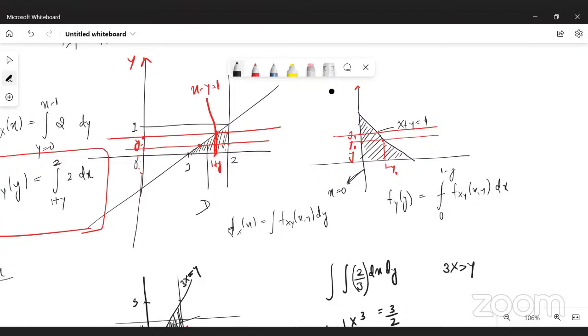So now I'm fixing my x, let's say this x naught. And we have to vary y. So how is this y varying for this x naught? It goes from 0 to the point on the line. So what is this point? This point is going to be x minus 1.